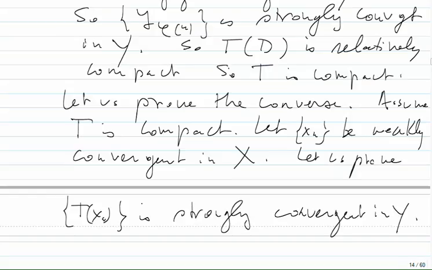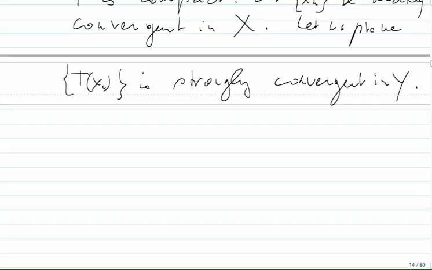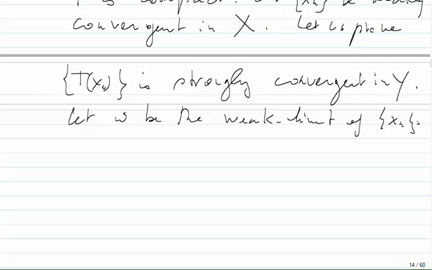Okay? So let us pay a little bit more attention to this proof. I'm going to make a little mark afterward. Let omega be the weak limit of x_n.